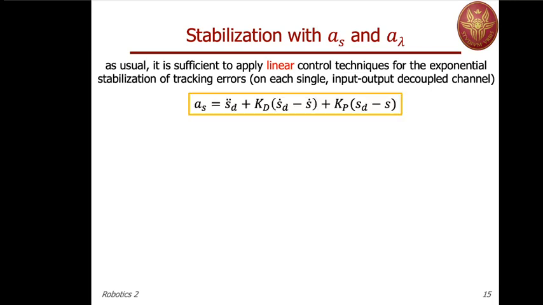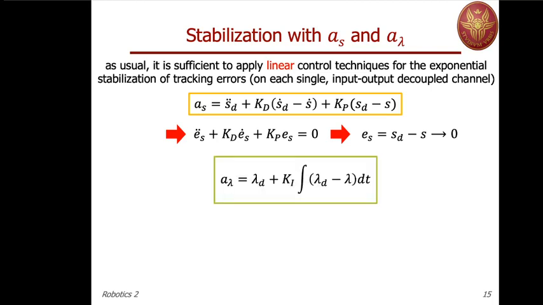So for the motion channel, we will use A_S as the desired acceleration of the parameter S, plus a PD law, and KP and KD will be chosen positive definite and diagonal as usual, so that the error defined as S_D minus S will satisfy this linear and decoupled second order differential equation, which will let any error in S and in S dot converge exponentially to 0.